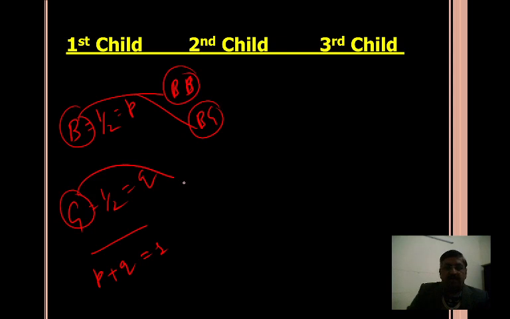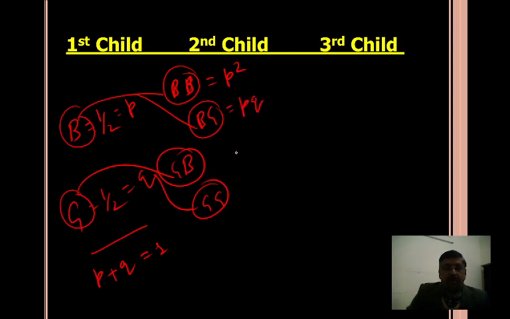Similarly, after this girl, there could be a possibility of 1 boy, or a possibility of another girl. Mathematically, we have assumed that the probability for boy is 1 by 2 and it is denoted by the symbol P. So this can be written as P square, then P into Q. This could be written as Q into P, and the probability for this could be written as Q square.